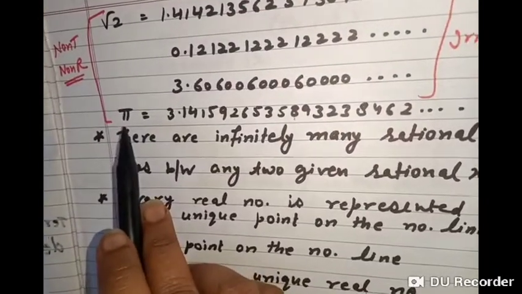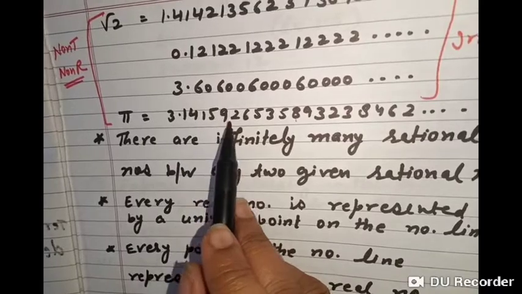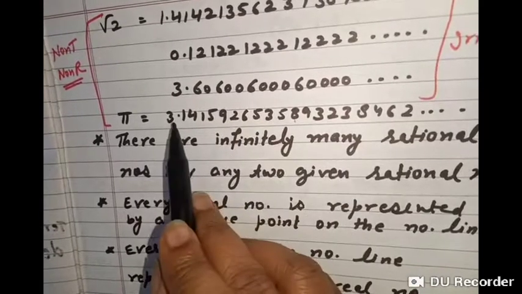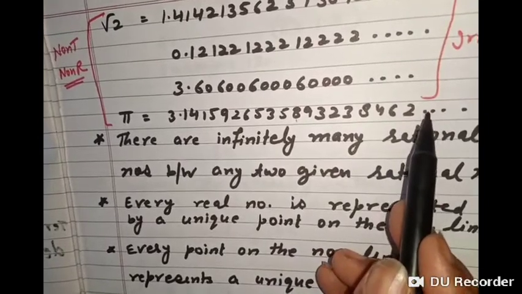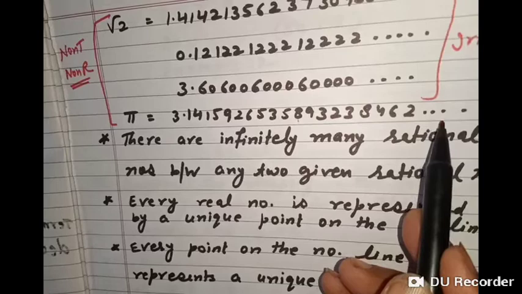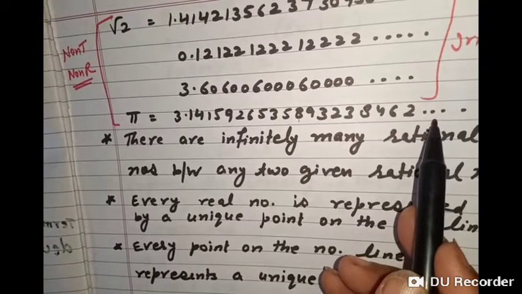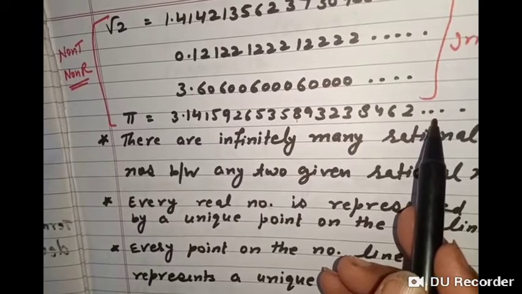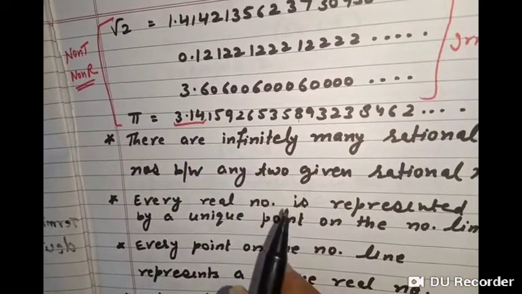When you divide 22 by 7, the number will be 3.141592, and the exact value of pi is this. So again it is non-terminating and non-repeating, that's why it is an irrational number. But for calculation purposes, we can take the approximate value of pi as 22/7 or 3.14, as all of you know.